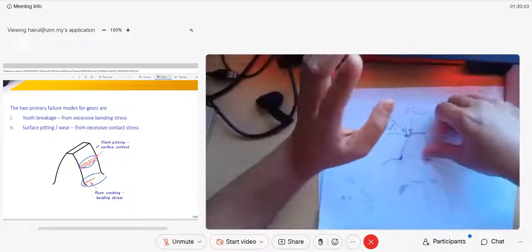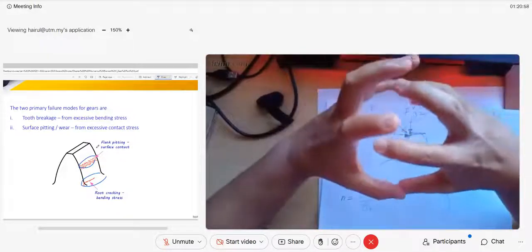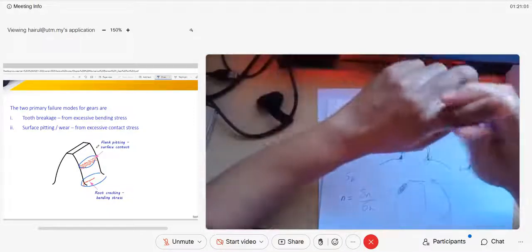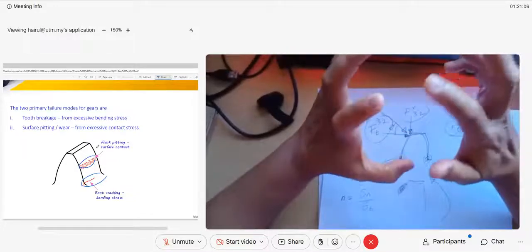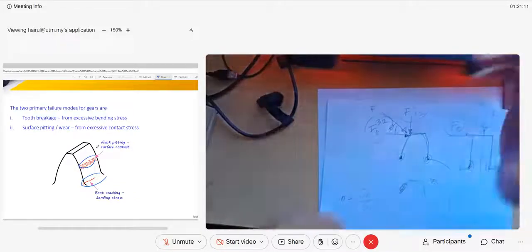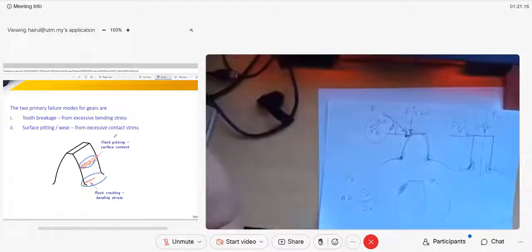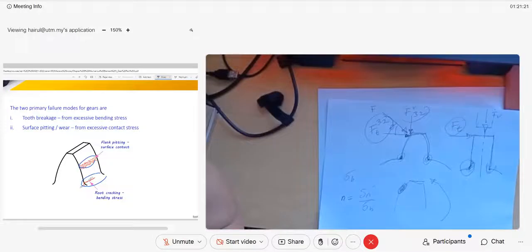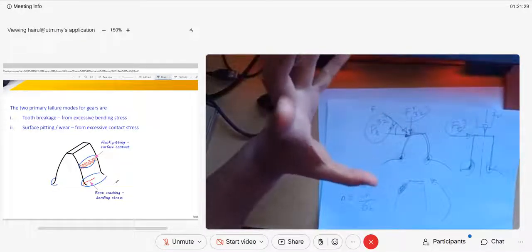During my experience as an engineer in Shah Alam, before I joined ETM, a gear tooth of one of our machines broke. As an engineer, you have to decide what to do, whether to replace it or solve the problem, because it was overloading and nobody had analyzed it. The tooth breaks because of the bending stress here, so make sure we calculate it, so that our gear is safe.